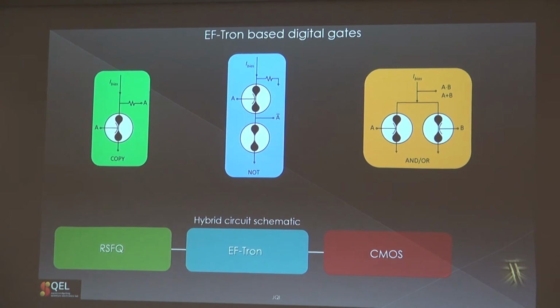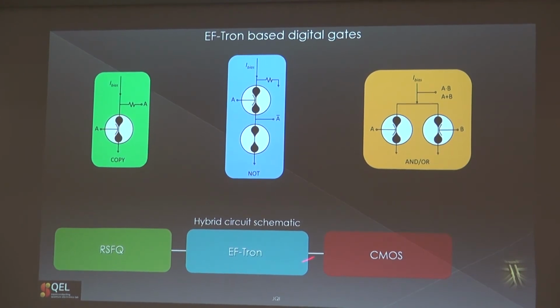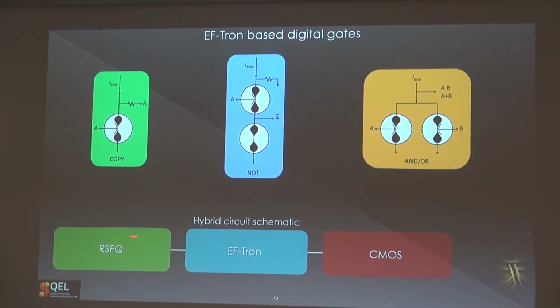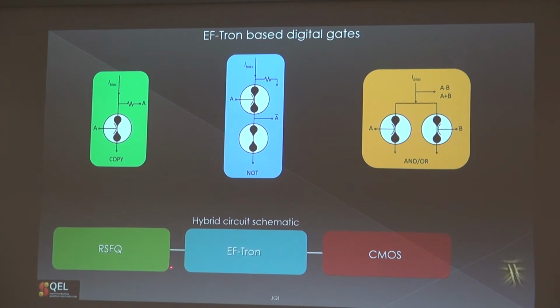As, for instance, Hypres is doing now in Elmsford, they are doing something similar by using, instead of the electric field, current injection. This kind of electronics can easily be conceived as an intermediate circuit between RSFQ and CMOS, or basically without even RSFQ, just the full field effect control and then CMOS.